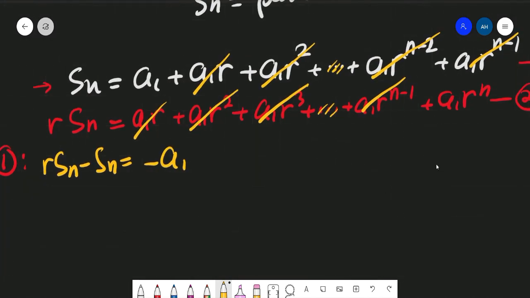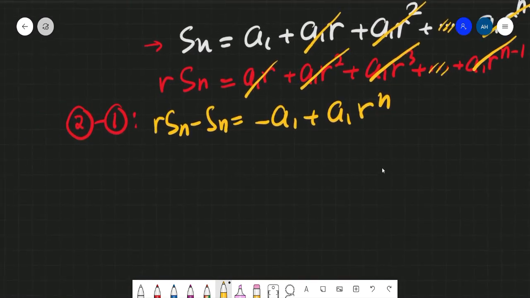Now the last term in equation number 2 we have plus a1r to the power n. That's what we have after the subtraction, equation number 2 minus equation number 1. The left hand side we have this, and the right hand side we have that.